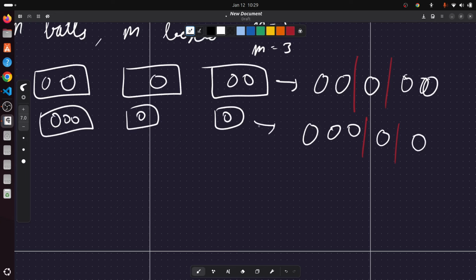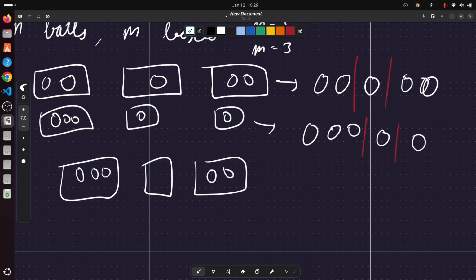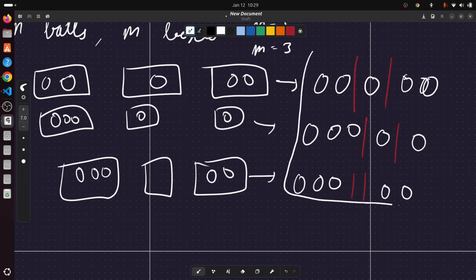And if I have 0 balls in a box, say 3 balls in this box, no balls in this box and 2 balls in this box, then I can draw it like this: 3 balls, then this box is empty, and then 2 balls. So basically you can see that all of these drawings are just different arrangements of these 5 balls and 2 separators.